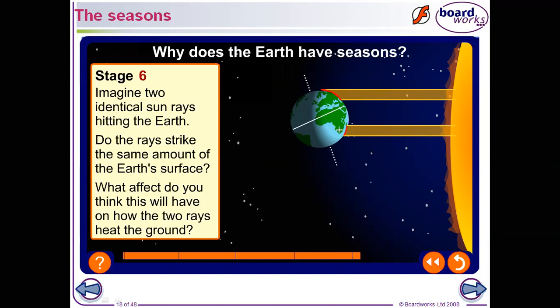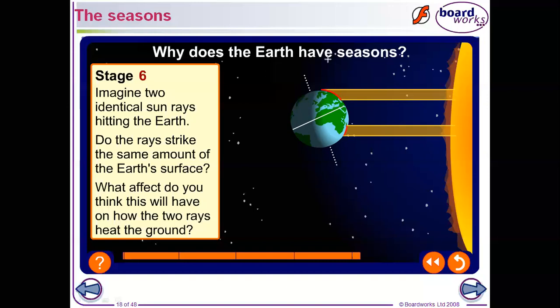Okay, now imagine two identical sun rays hitting the Earth. Do the rays strike the same amount on the Earth's surface? I think no. From the picture there, what effect do you think this will have on how the two rays hit the ground?